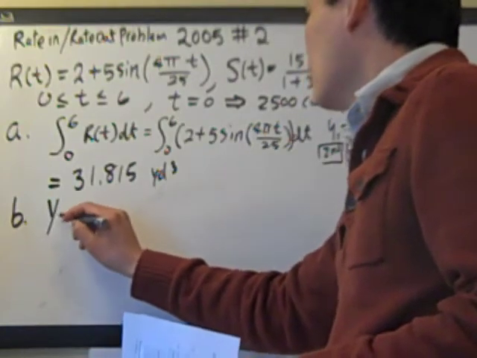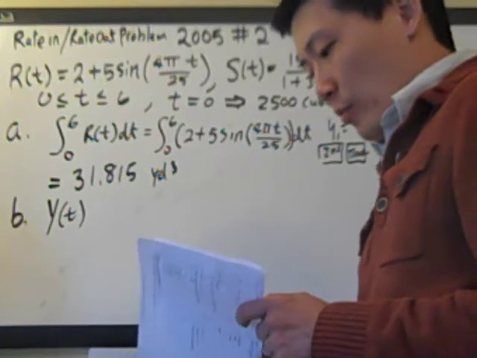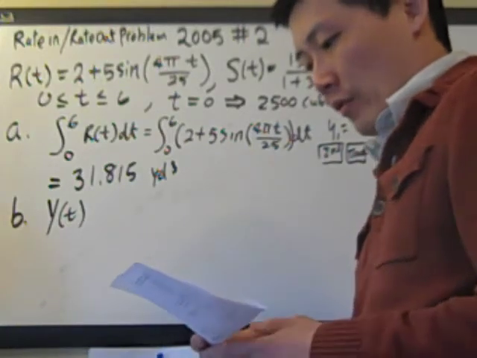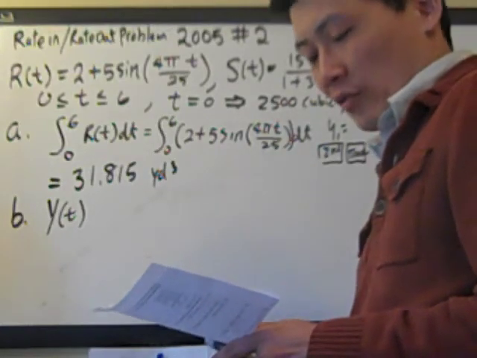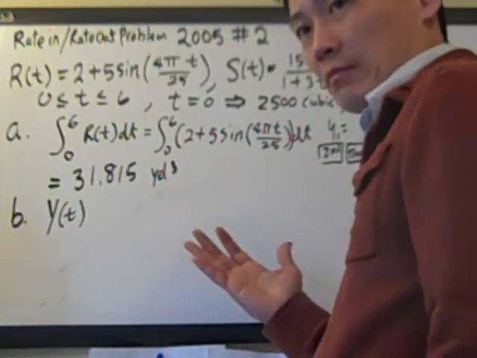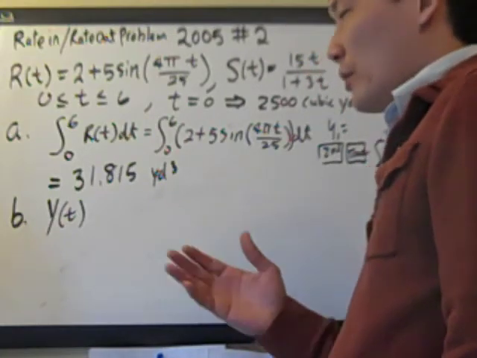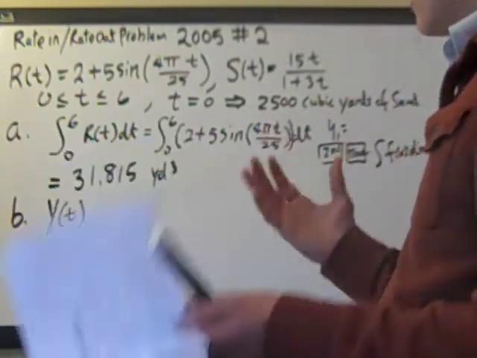Now, they say we want to come up with this expression for y of t, and what is this? This is the total number of cubic yards of sand at a given time. Now, in order to get this, first of all, we need to understand the rate of change.